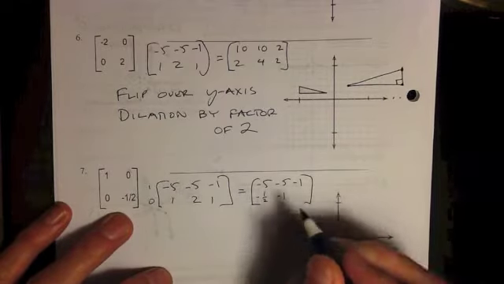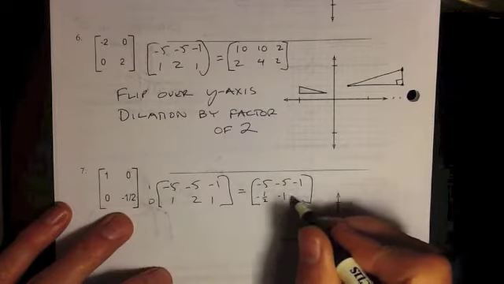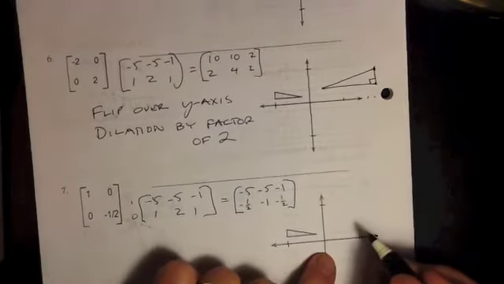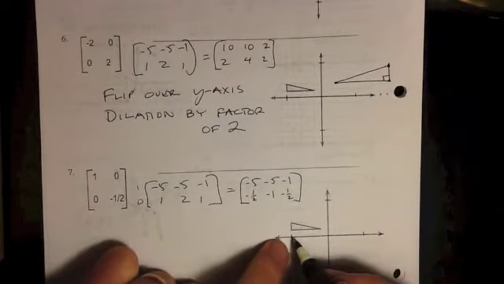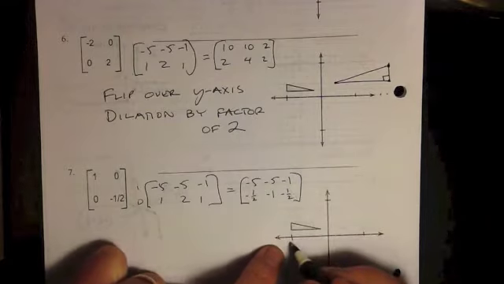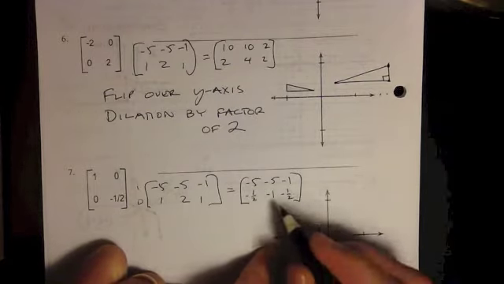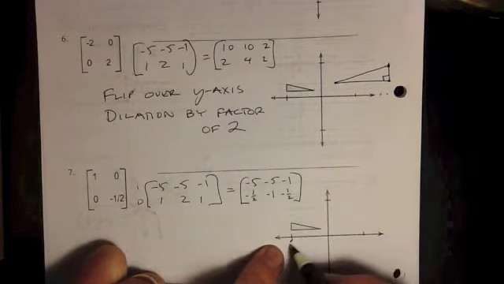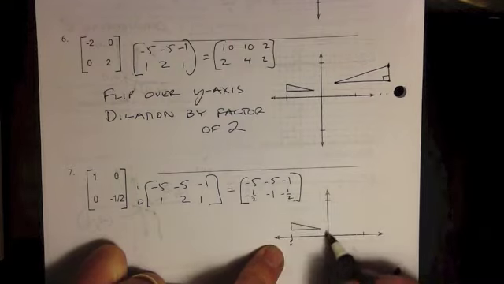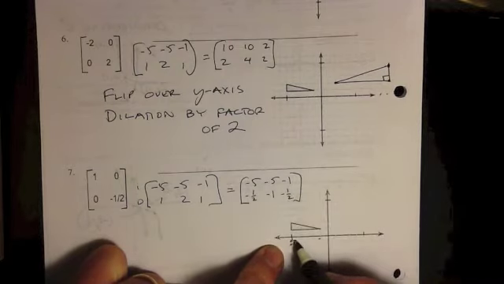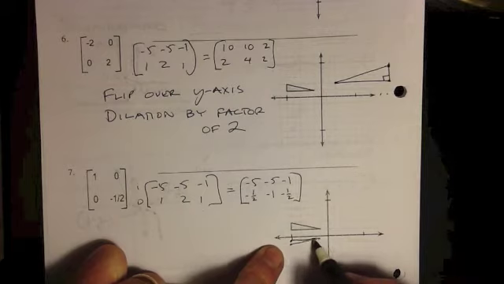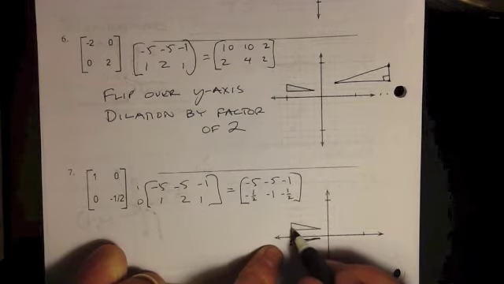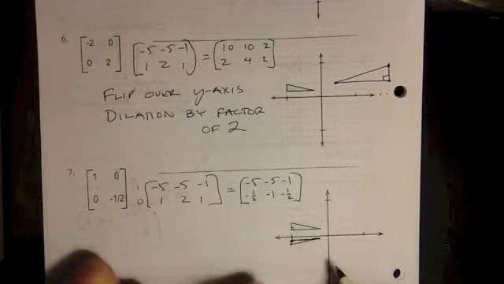That's going to be negative 1, and that's going to be negative 1/2. So if I go to graph that, it's going to be negative 5 and negative 1/2 down here, and it's going to be negative 5 and negative 1 and negative 1, negative 1/2. So it squished it and made it even skinnier, difficult to draw. There's my right angle, there'd be my right angle right there.